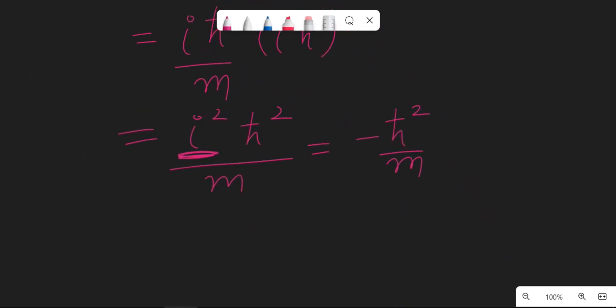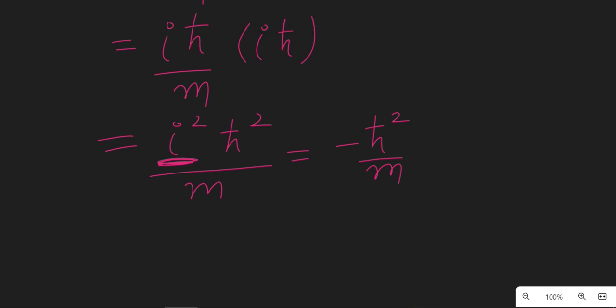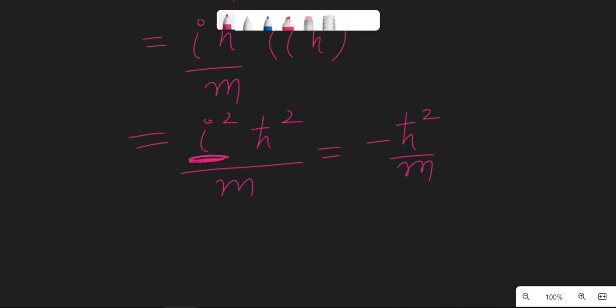And since you are given that mass is unit, that means 1, so it will be minus h cut square. So this is your correct answer.